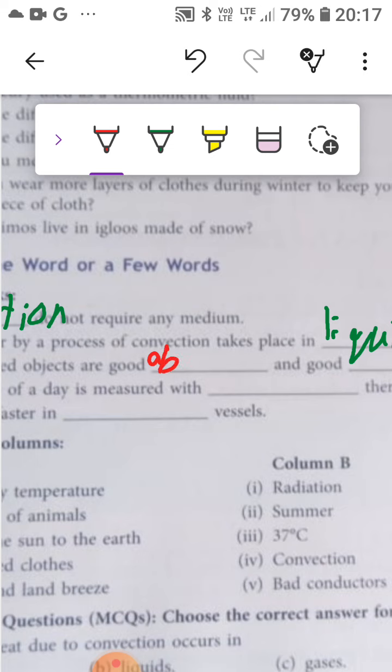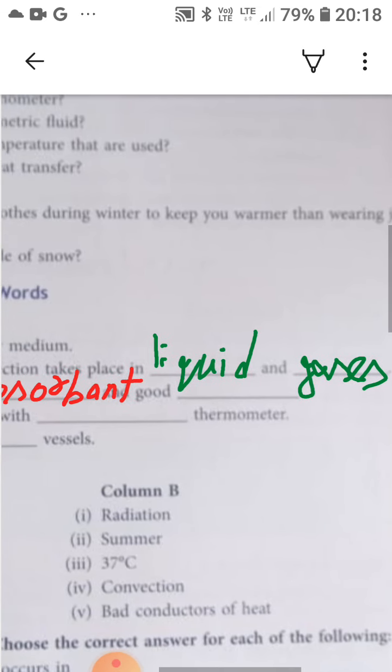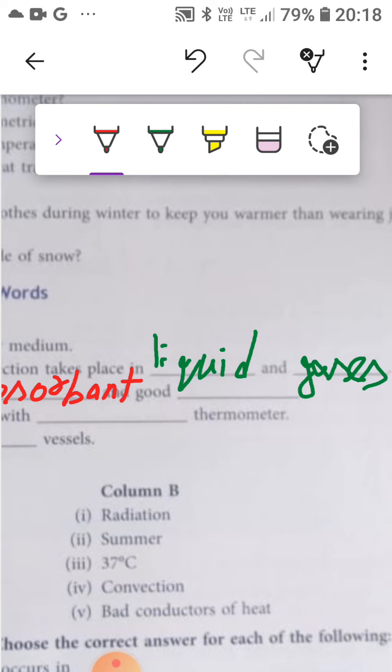A B S O R P A N T, absorbent, and good radiant, R A D I A N T.